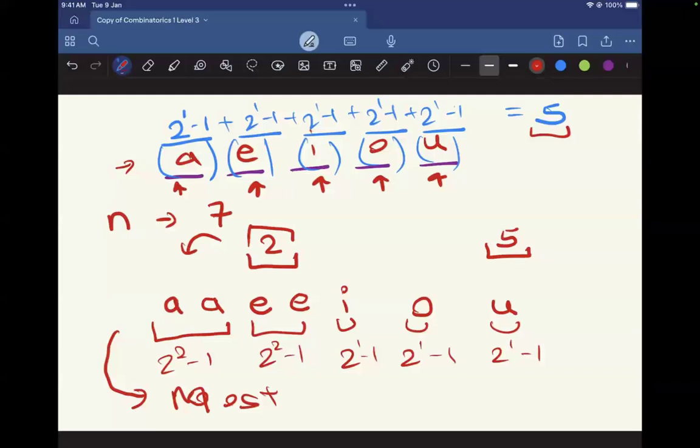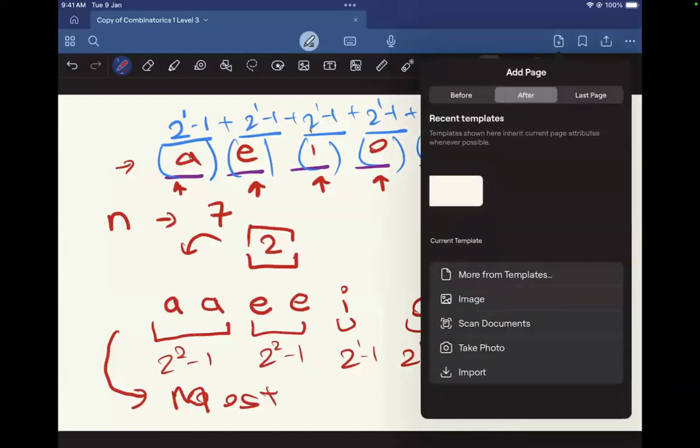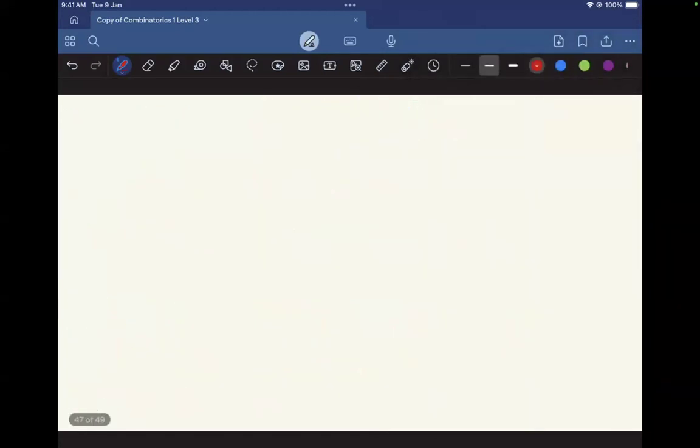Yes, sir. Okay. So now my goal is very simple. For a given n, let's say n is 12, all right? If n is 12, I just want to distribute this 12 among A, E, I, O, U as efficiently as possible. Basically, I want their frequencies as close as possible.